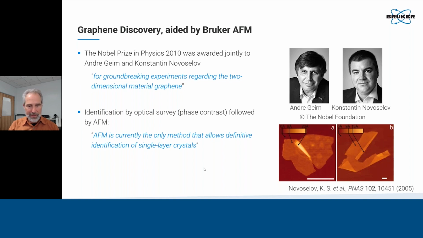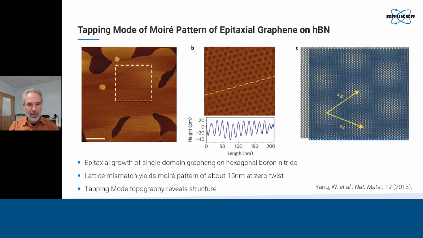The graphene is pretty interesting, but pretty quickly after that, we start to see these moire patterns where people would create a multi-layer of two or more 2D crystals. In this case, we're looking at a monolayer of graphene on hexagonal boron nitride.